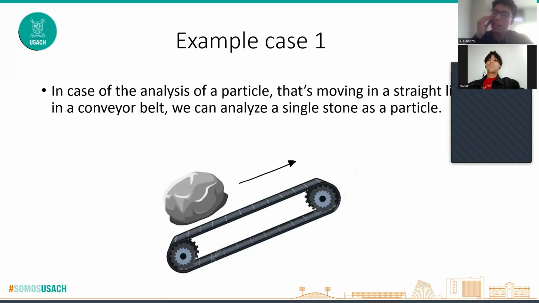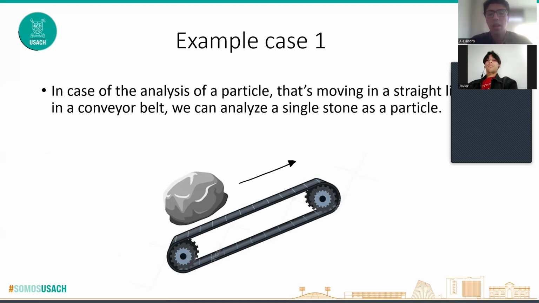Well, in the first case, the key component when analyzing mechanisms and machinery is how to simplify them. So for this example, we're going to analyze a rock on top of a conveyor belt.